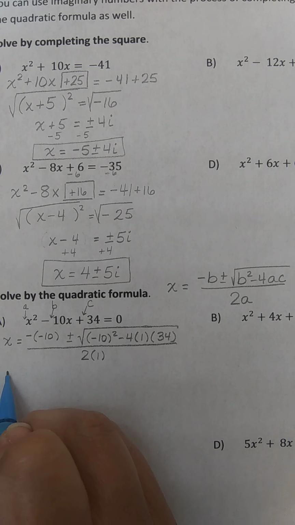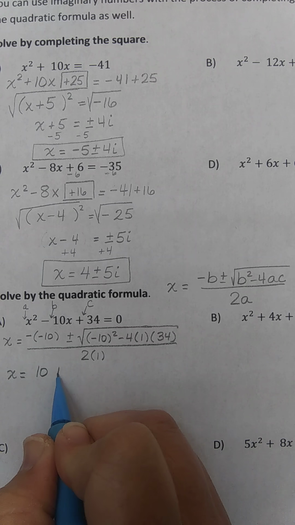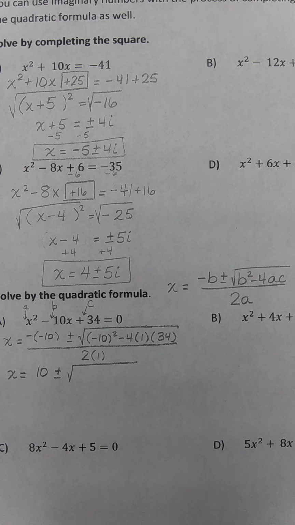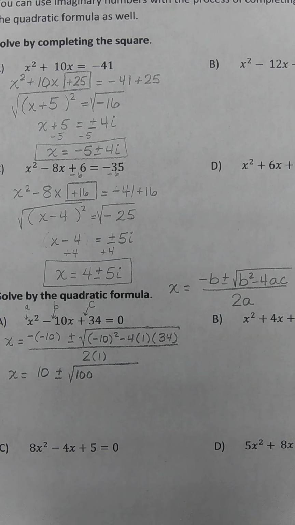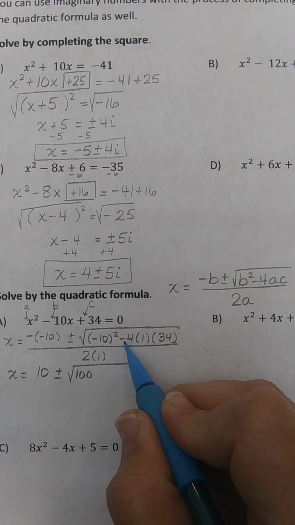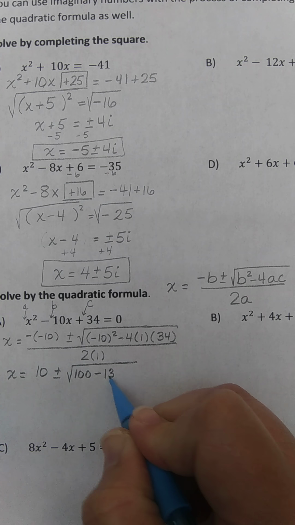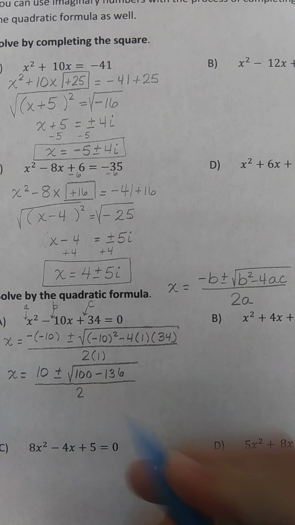And then we simplify. x equals a negative 10 is 10 plus or minus the square root of negative 10 squared would be 100. Remember, that's always going to be positive even if it's a negative. And then we will do 4 times 1 times 34. And that's going to be negative because there's only one negative in there. So negative 136 all over 2.